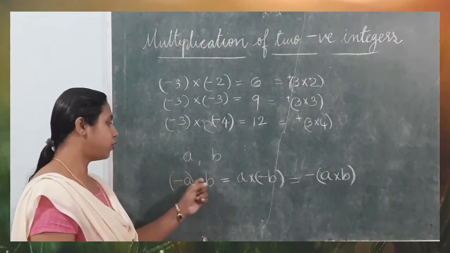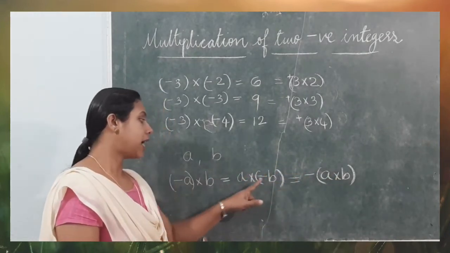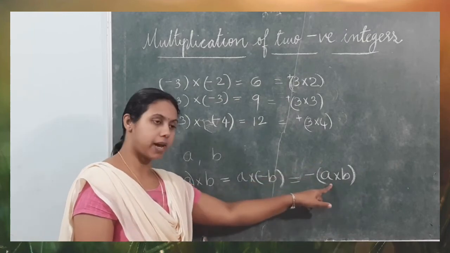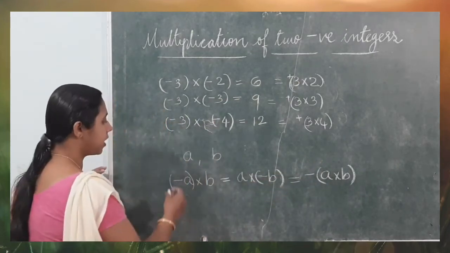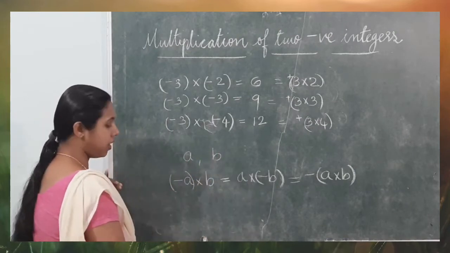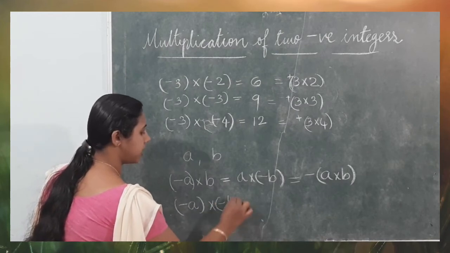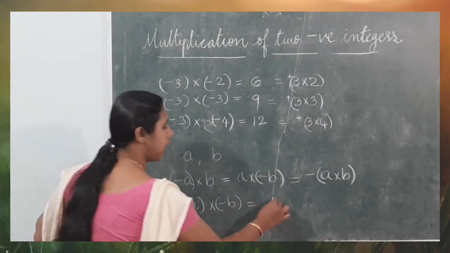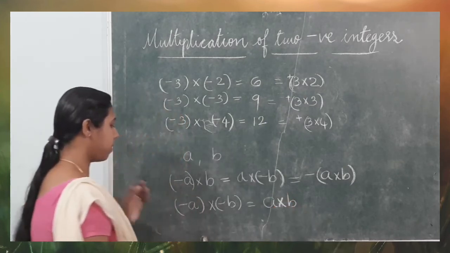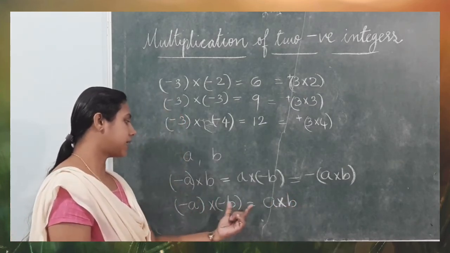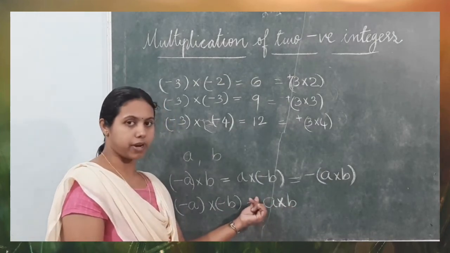So minus a into b is equal to minus of a into b. A into minus b is also equal to minus of a into b. And the next case, for any integers a and b, if both are negative, minus a into minus b is equal to a into b. Put positive sign before the product.